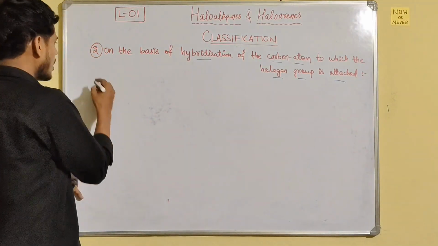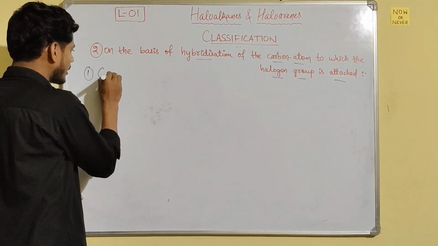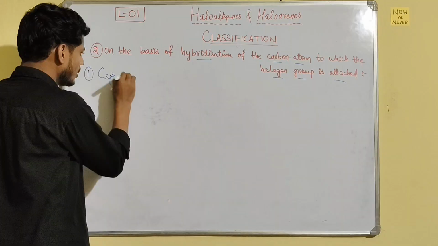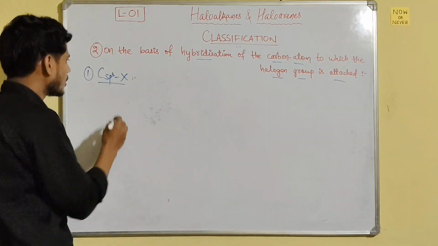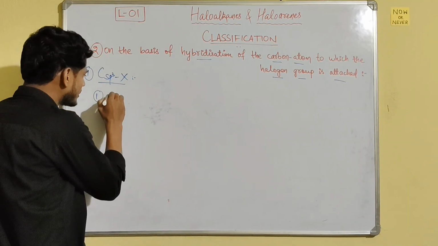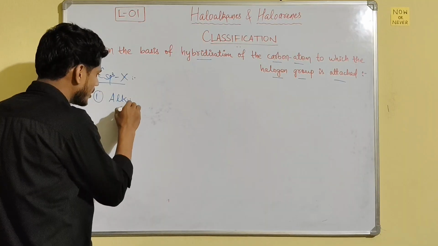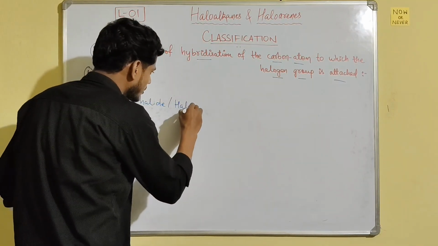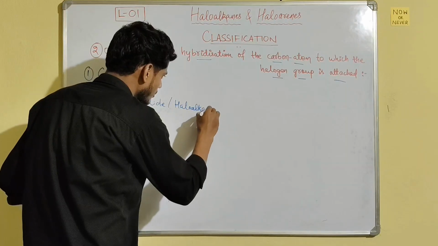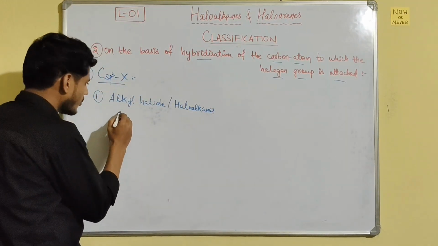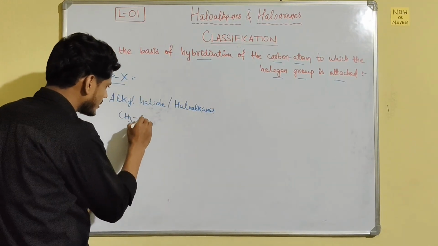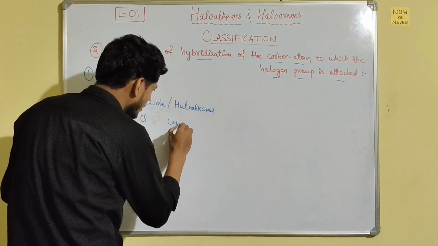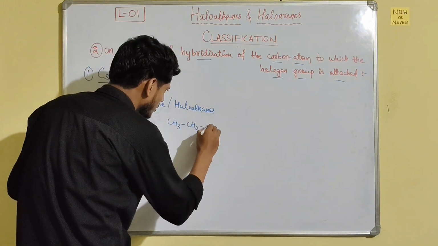Okay, let us take examples. So first let us consider sp3 hybridized carbon which is attached to a halogen group. Number one, that is alkyl halide, or haloalkanes, which I have already studied in the introduction class. Simple. For example, CH3Cl or CH3CH2Br.